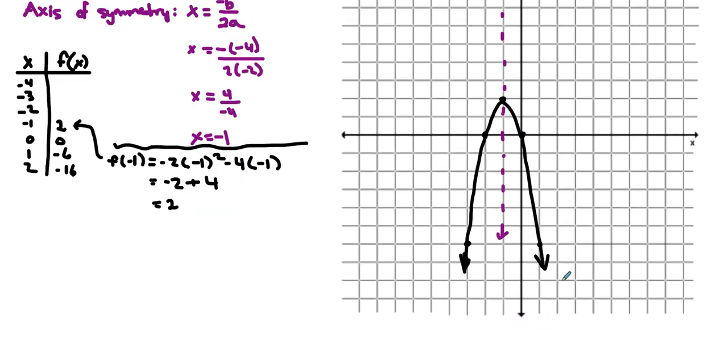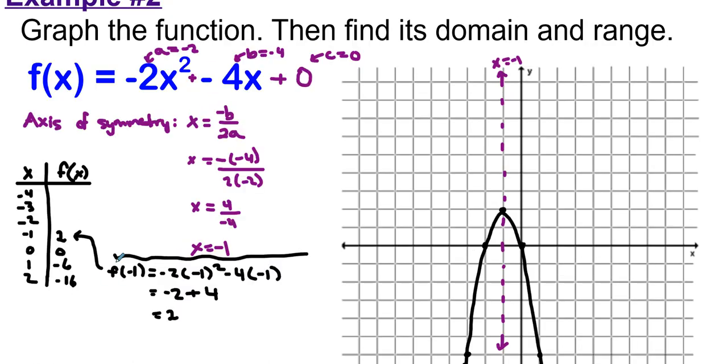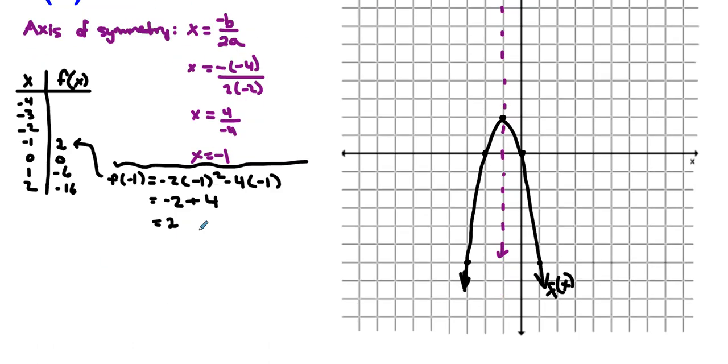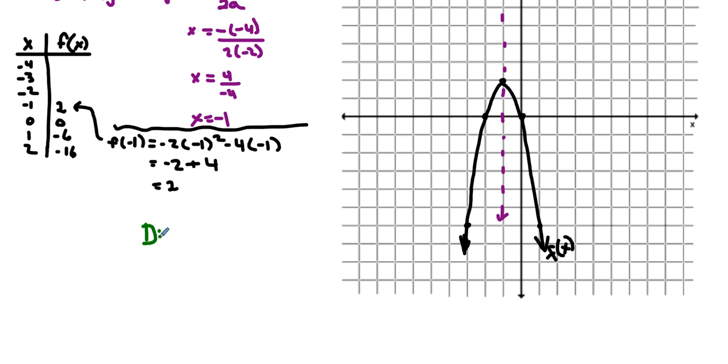Okay, and this is the graph of f of x. And it says find the domain and the range. So for the domain, with these parabolas, they go left and right forever, and there are no breaks in the graph, so it's the set of all reals. For the range, its highest height is at 2, and it goes down from there.